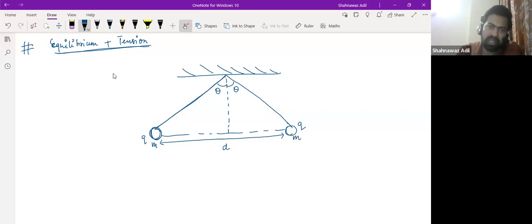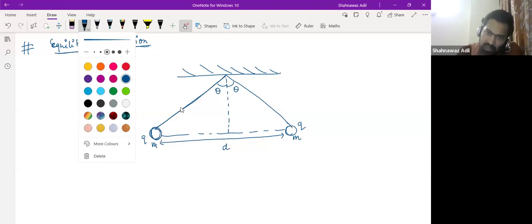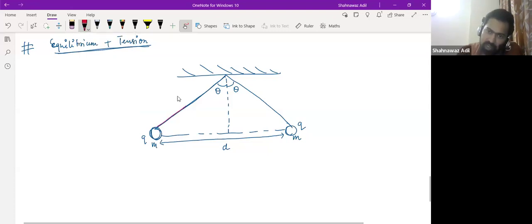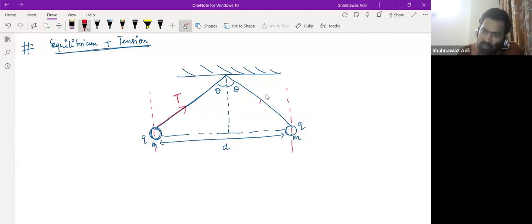Okay, so what are the forces that are acting on this thing? One would be this tension due to this string. And let's say this is the vertical, and this is the same tension. The other force would be gravity, that is mg, downwards.